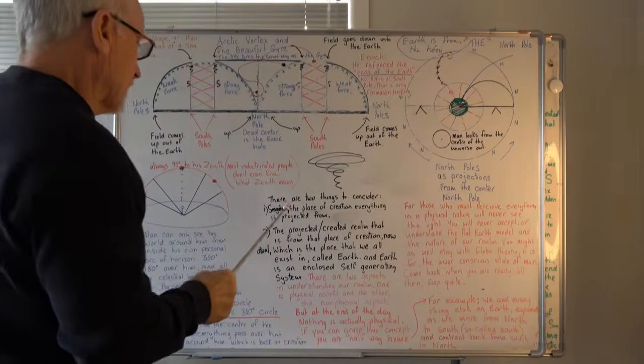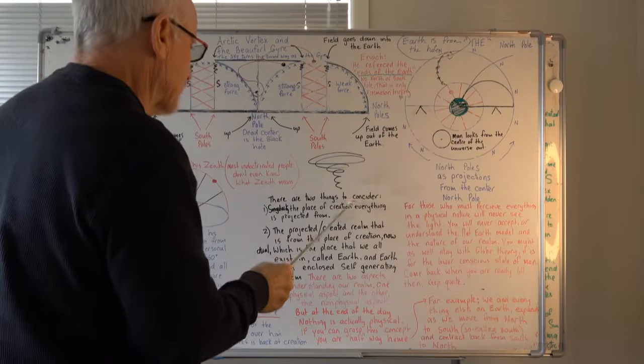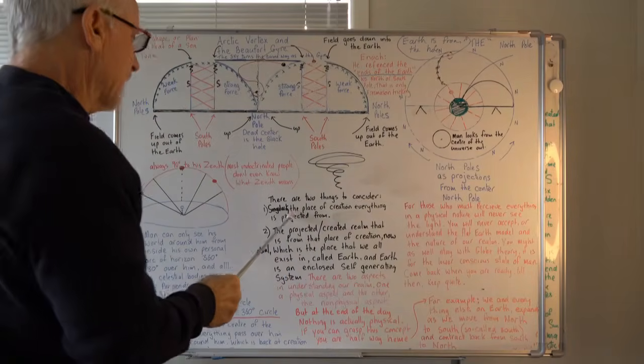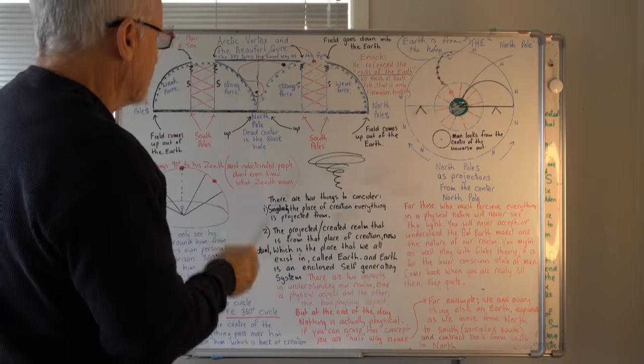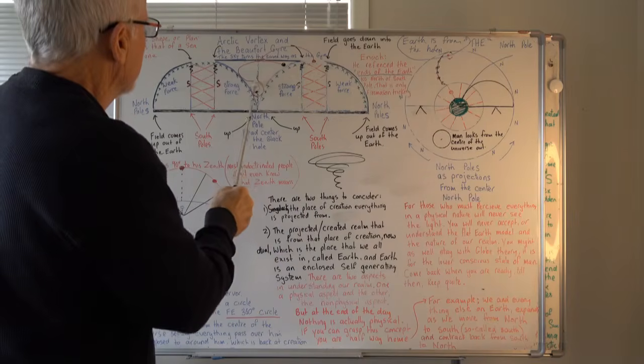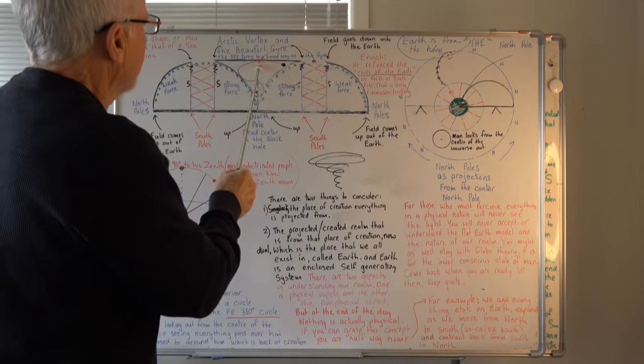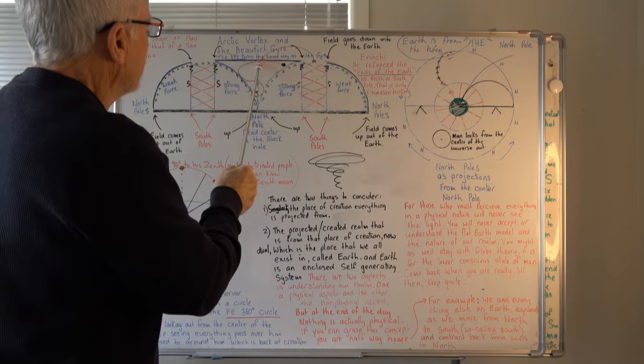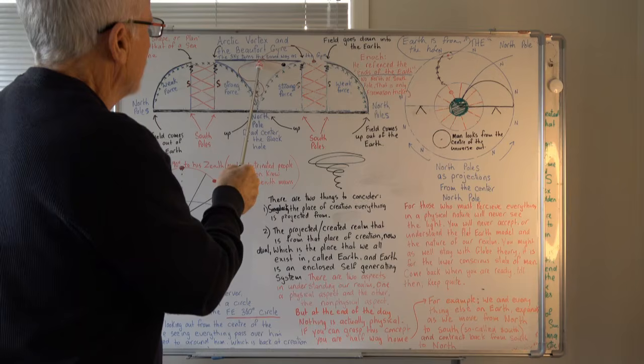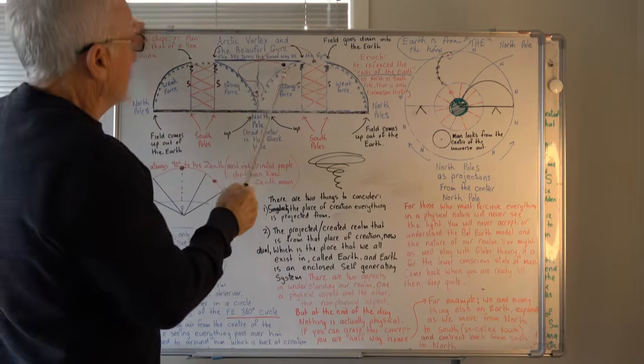So, let's read this. There are two things to consider. Singularity, the place of creation, is singularity, where the sun is male and female. Then it becomes separated. And that's when all this is exposed.